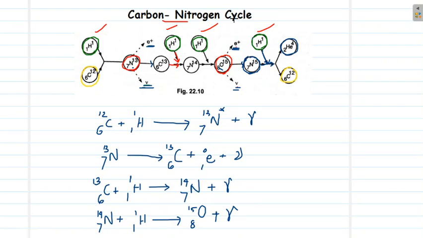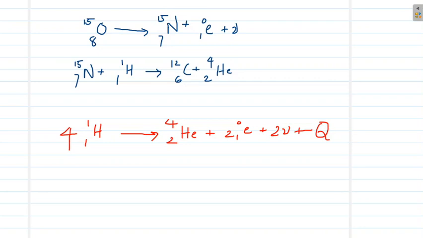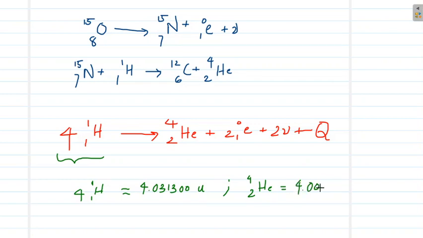So how is energy released in this reaction? If you look at the loss in mass in this process, if you calculate the initial mass that you have, 4 1H1 nuclei will weigh approximately 4.031300 AMU, and one helium nucleus will weigh approximately 4.002603 AMU.